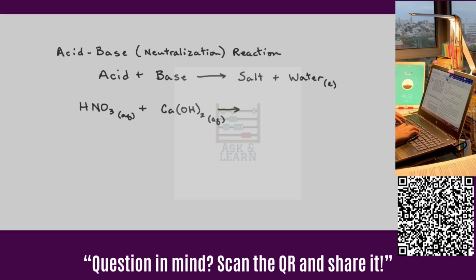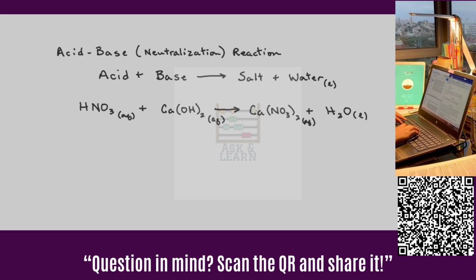Okay, so these are going to exchange ions. Really, an acid-base reaction is a type of double replacement. So the calcium goes with the nitrate to form the salt. And the hydrogen goes with OH to form the water. Calcium nitrate is still going to be aqueous.